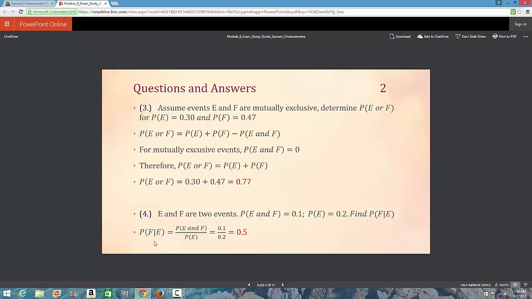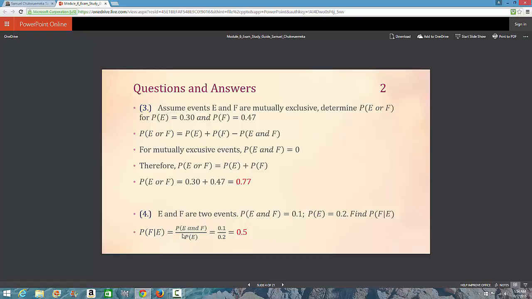The probability of F given E will give us the probability of E and F divided by the probability of E.